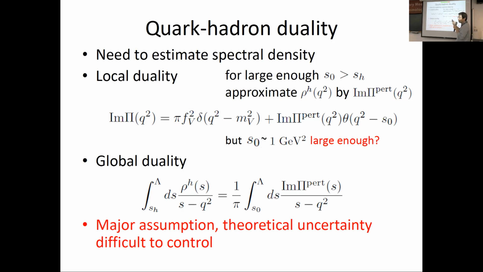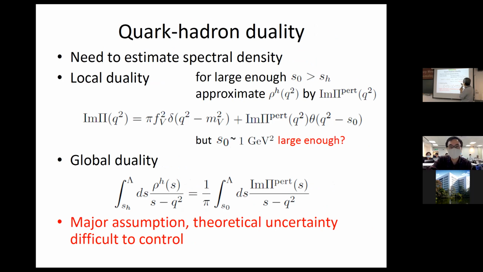Here we just include the single pole, which means s_0 should be below the first excited state. So s_0 cannot be too large. In fact, it turns out that s_0 is just around 1 GeV. Can you believe that the quark-hadron duality holds as low as 1 GeV? Certainly, these are major assumptions, and they cause an uncontrollable theoretical uncertainty. But people have used this assumption for four decades.